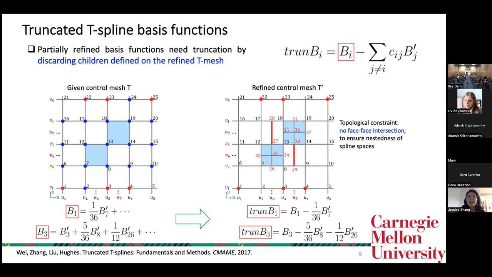How to detect that? The idea is straightforward. We compare the given control mesh before local refinement and the control mesh after local refinement. If a child basis function is well defined on the refined control mesh, then we just remove it from the original basis function. If you implement this idea, you can apply the truncation mechanism on T-splines.